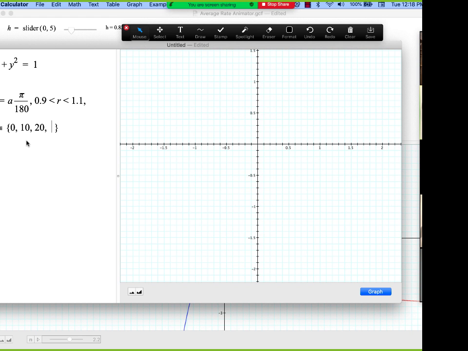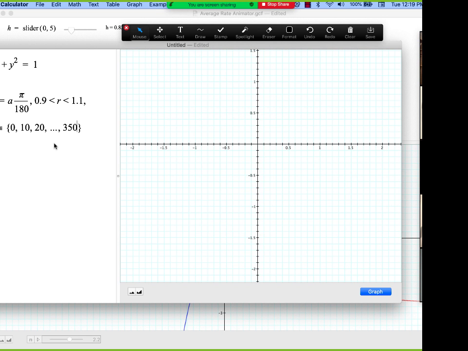Start the pattern and then do control semicolon, and it does a dot, dot, dot. And then what's the last one that I want? I've already got one at 0. If I'm doing every 10 degrees, then the last one I want is 360. But it'll repeat, since that's in the same place as 0. So I can do 350.